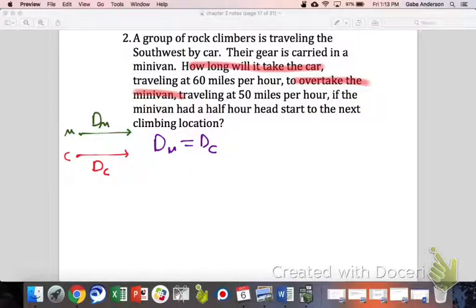D is the same thing as RT. Yeah, R times T. So I'd put rate of minivan times time of minivan equals rate of car times time of car. Something along those lines. Did I do that right? You're good.